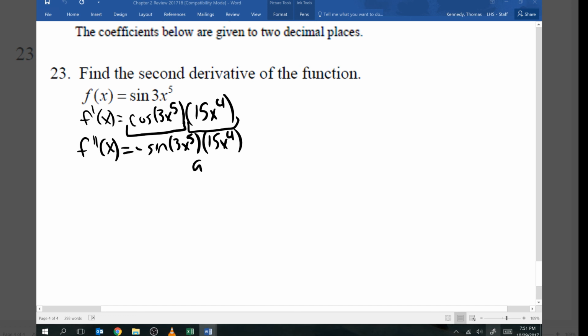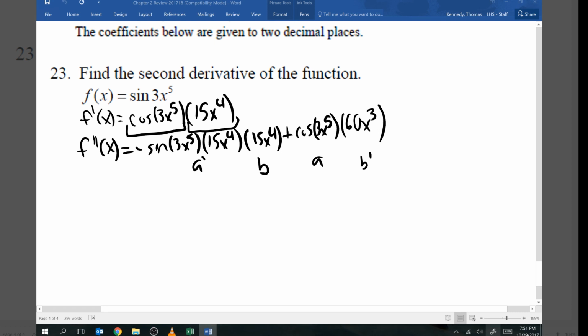So this is a prime, times b, which is 15x to the 4th. And now I'm adding a b prime. So a is cosine of 3x to the 5th, and b prime is 60x cubed. And this nonsense, that's the answer.